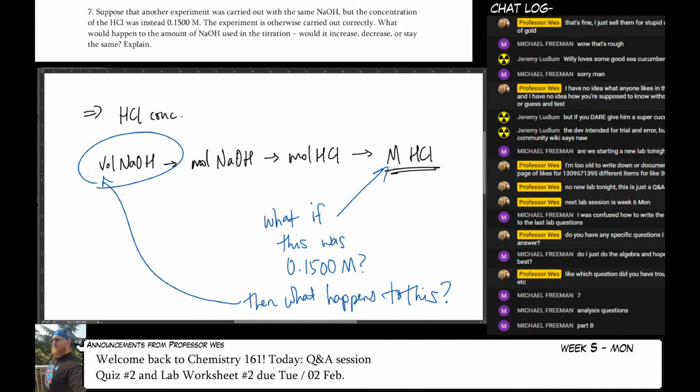And so it's saying, based on your answer from the previous experiment that you did in questions 1 through 6, now consider, what if this was 0.1500 instead and you did everything the same? What would happen to your volume of NaOH? Would you use more of it or less of it? And so you need to, first of all, have an answer for the molarity of HCl from the actual experiment.